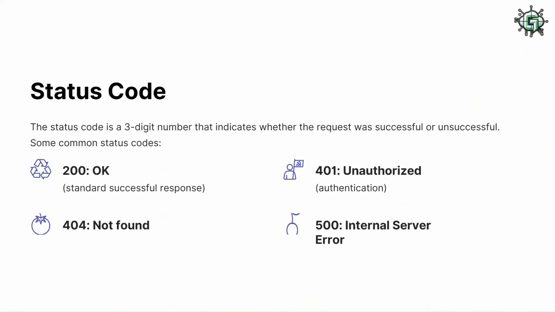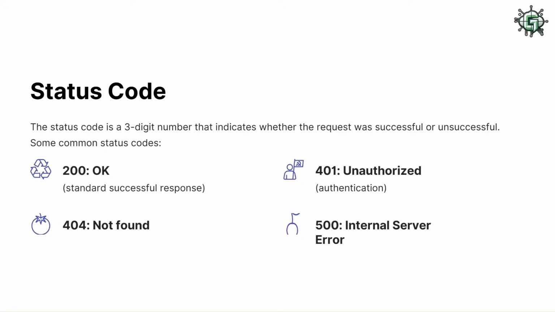A status code is a three-digit number which indicates the request feedback: whether it's successful or unsuccessful, and why it's not successful. 200 is okay, success: the response is received and everything has gone very smoothly. Then next is 401, unauthorized, which is about whether you have permission or not. If you don't have permission in the authentication step, then you will get a 401 error.